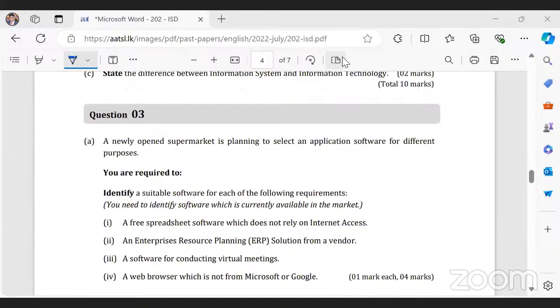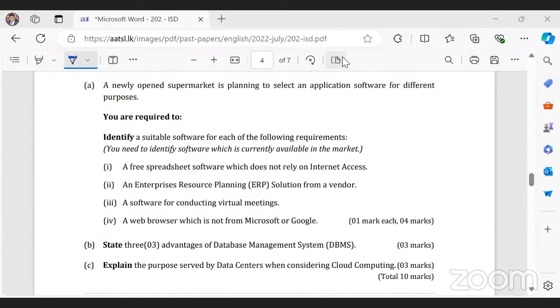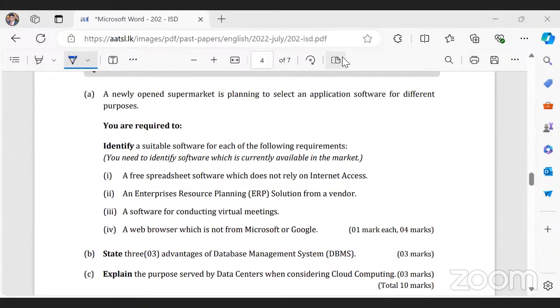The first topic is covering all these answers. If you have thorough knowledge about topic 1, information systems concepts, information technology, and business process reengineering, that knowledge is required.